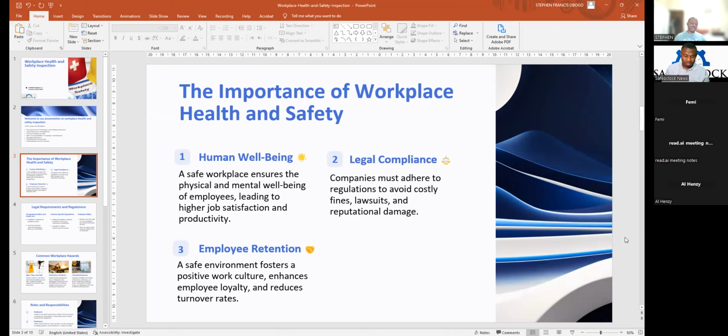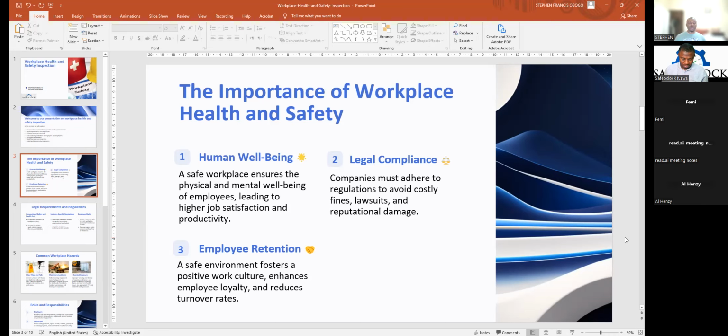Now, one of the few basic importance of workplace safety inspection is human well-being, which is to say a safe workplace is to ensure that the physical and mental well-being of employees are kept, and once you can attain that, this can lead to what we call high job satisfaction, and also it can bring about an increase in productivity.